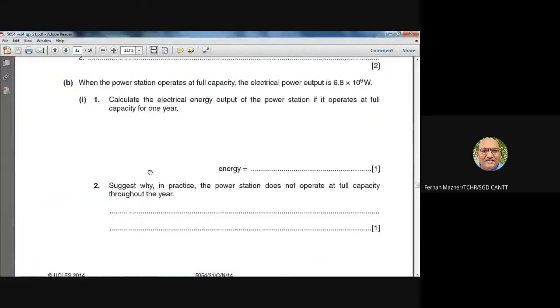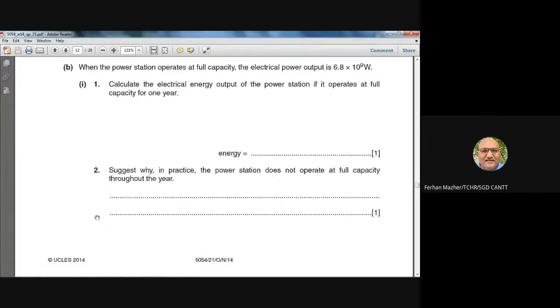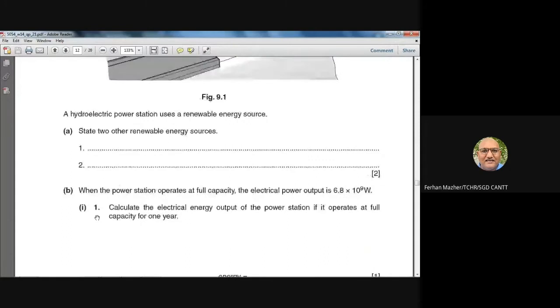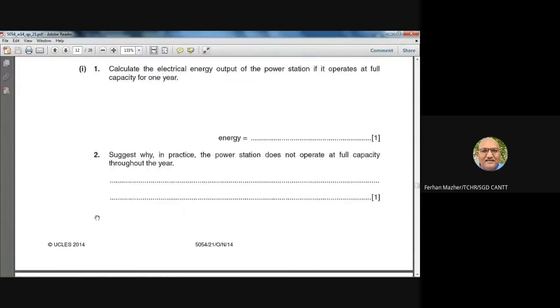B's second part is: suggest why in practice the power station does not operate at full capacity throughout the year. The word is suggest. So we will suggest why the power station cannot be operated at full capacity throughout the year.